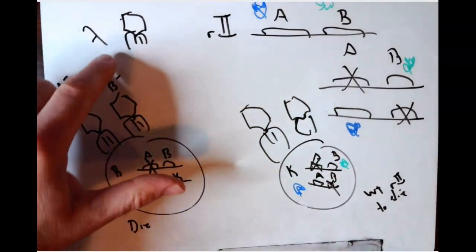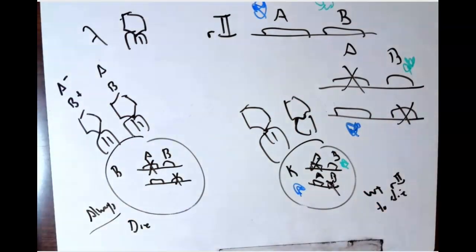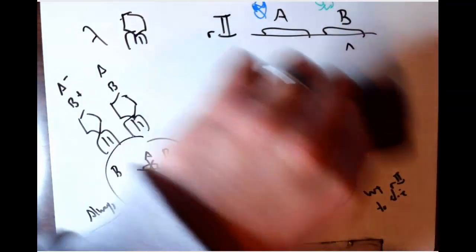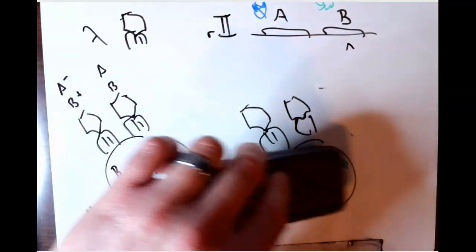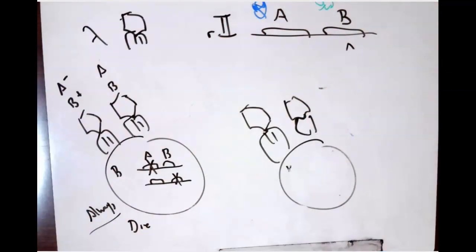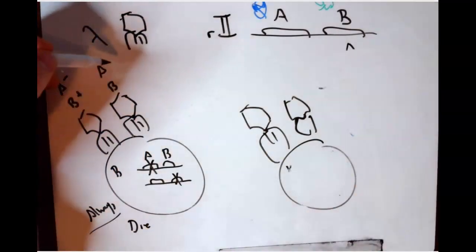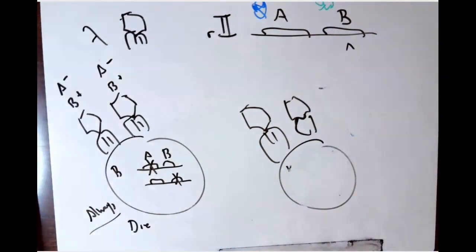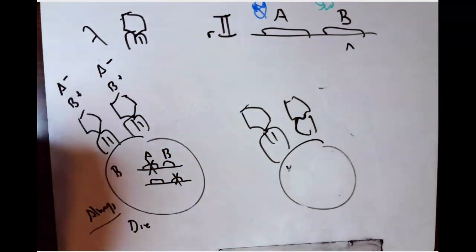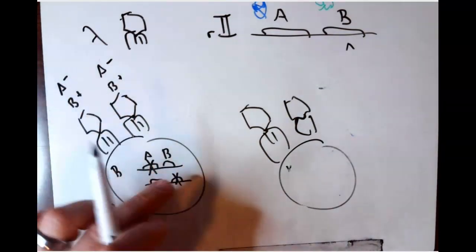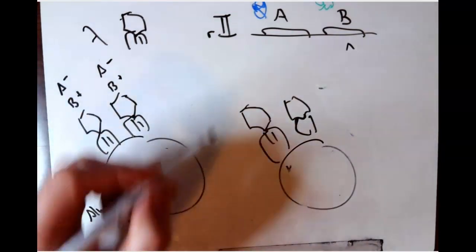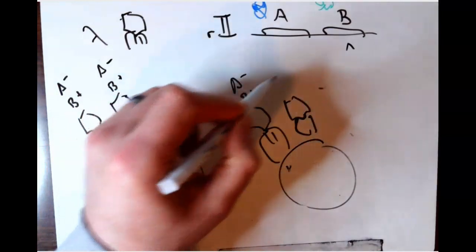So then, Benzer just kind of set out to prove that that's what was happening. And he took lambda-phage with an identical mutation in the A gene and no mutation in the B gene, and he did co-infections with that.